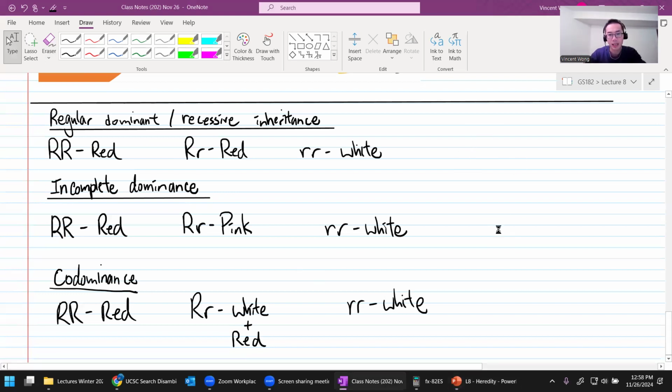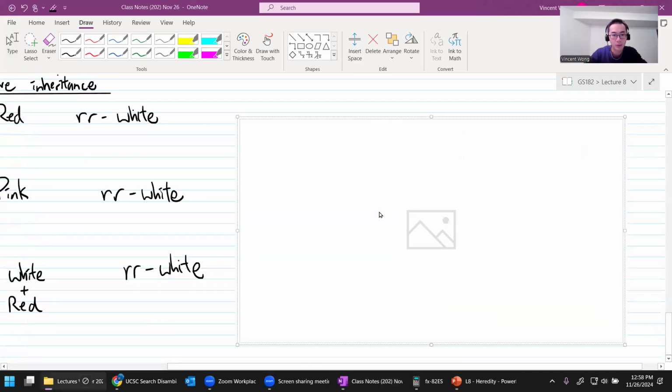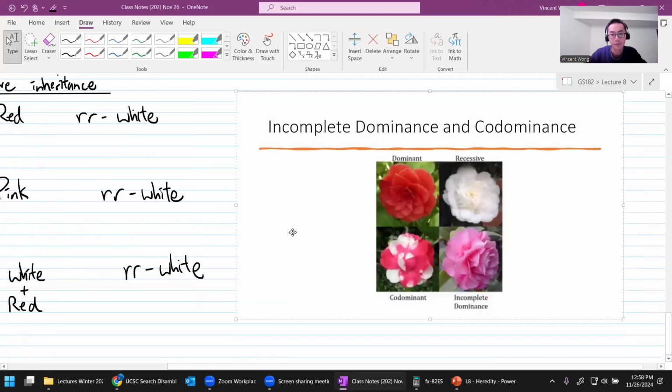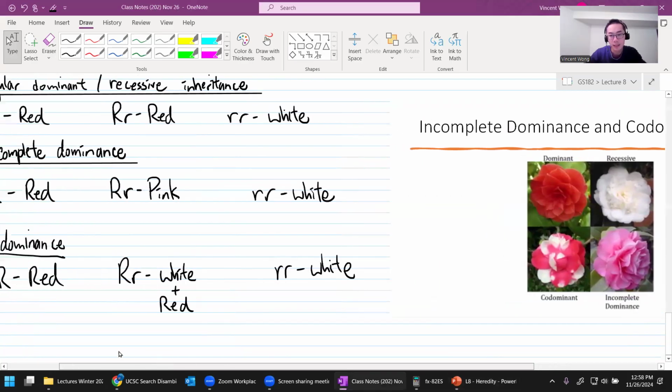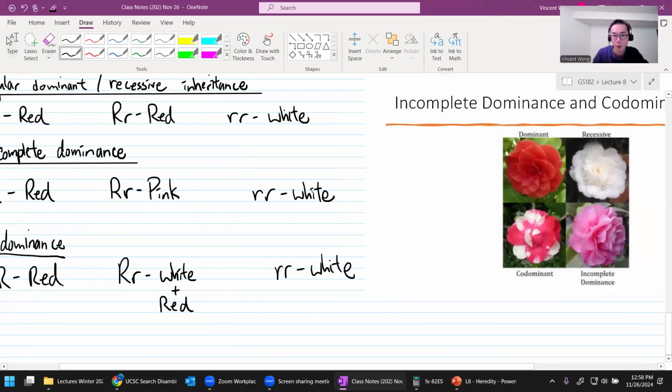Okay. And there is a slide for that in the PowerPoint slide. You can see codominance, both showed up, and incomplete dominance, it's a blend in between.